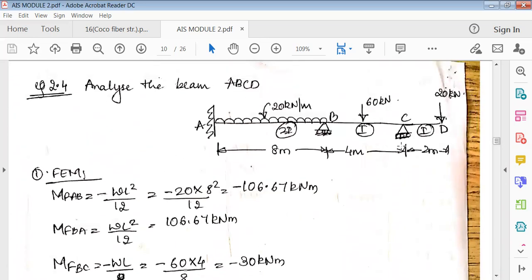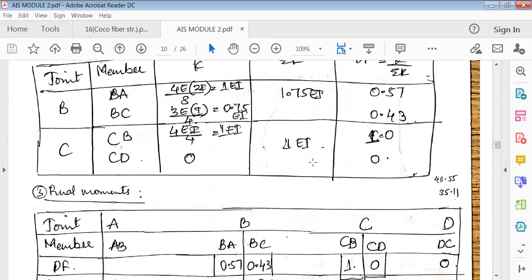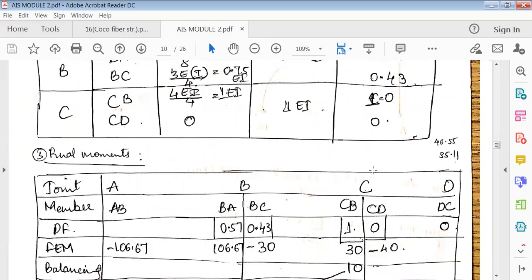There is no support at D, so the stiffness of CD is equal to 0. When you add both of these, it is 1 over EI. So 1 by 1 is 1 again, and this is 0.